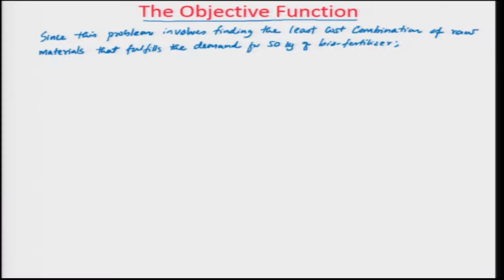What we are saying is that the problem involves finding the least cost combination. How can you combine the raw materials in the least cost fashion, so that we can fulfill the demand of the 50 kilogram fertilizer.